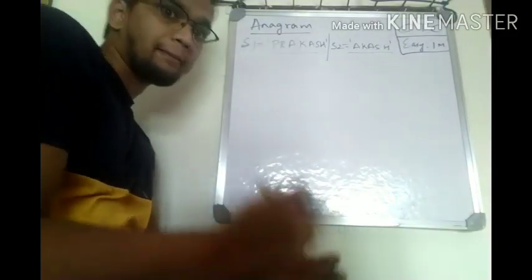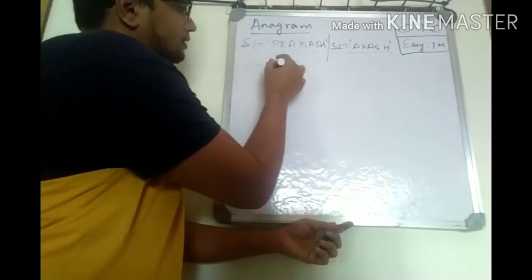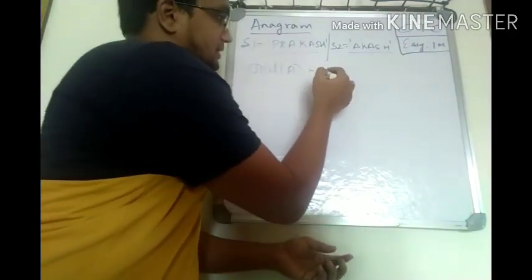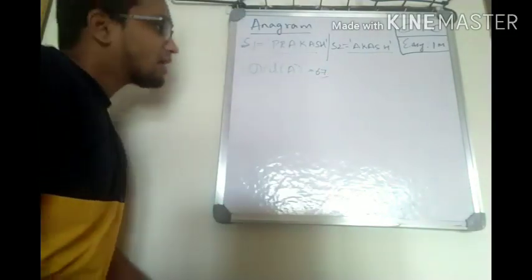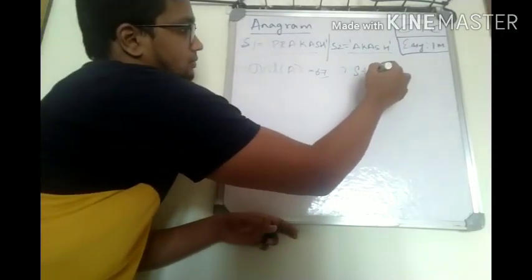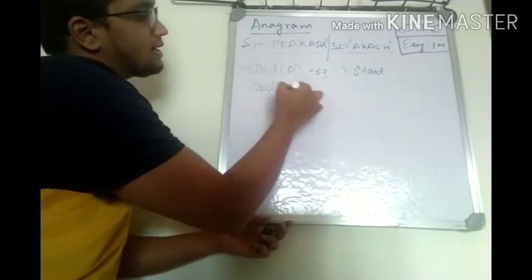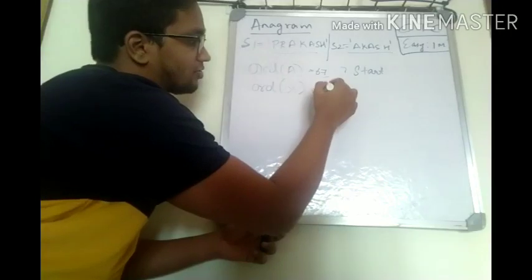Let's just create a temporary array. We know that ord of A, I don't know the value, I think it might be around 67. I don't know the ASCII value of A. Let it be. But we will take this as a starting point, and ord of any other character, let's take X, will be some value, right?